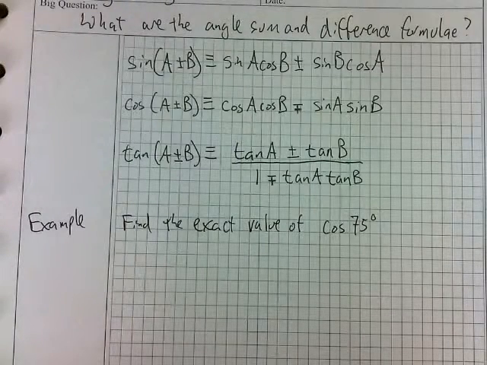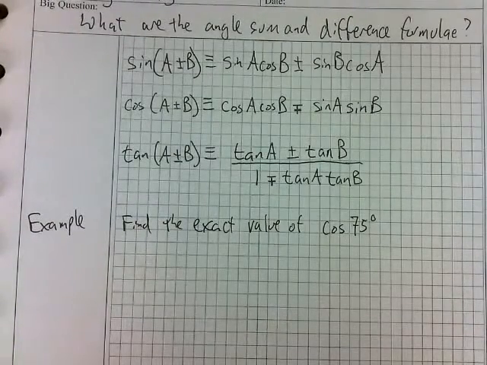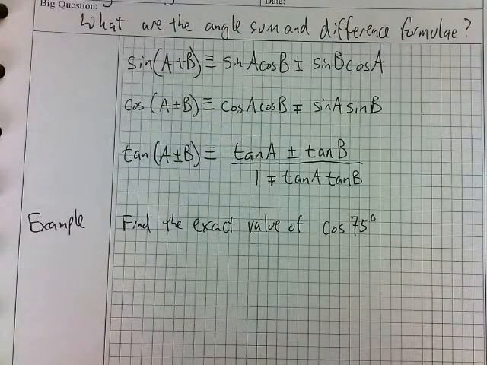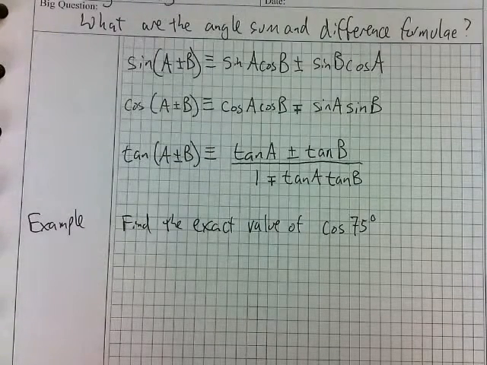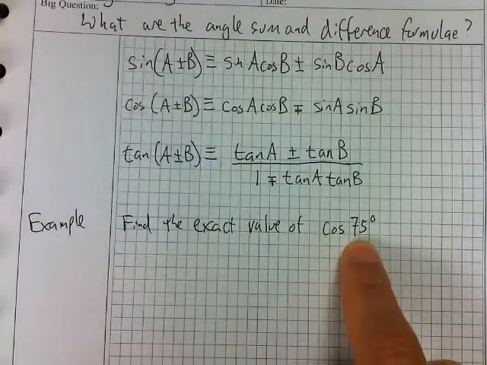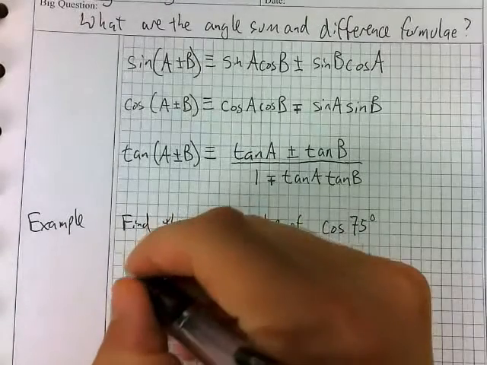We can plug it in our calculator, but it's not going to give us the exact value, it's going to give us an approximation. But here's the thing: on my unit circle, I do know the exact value of cosine at a couple of angles that I can turn into 75.